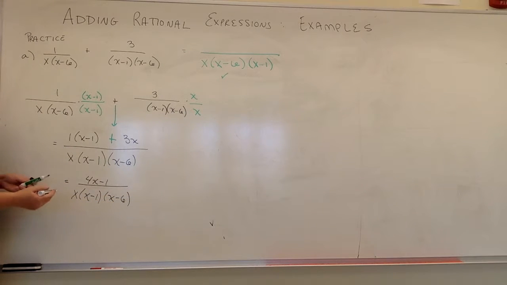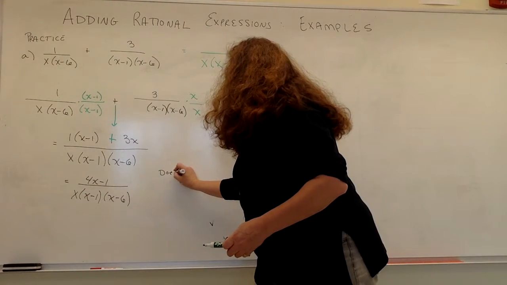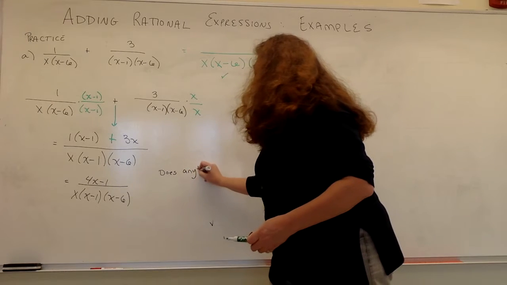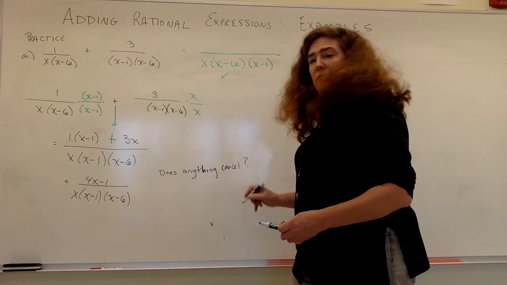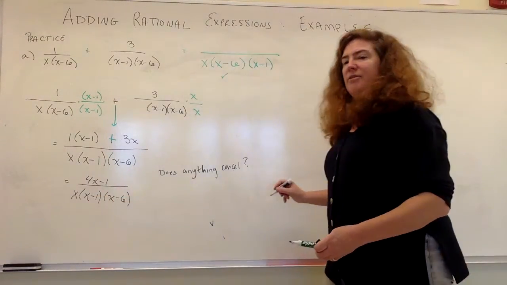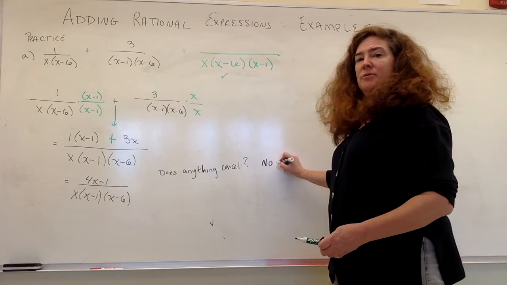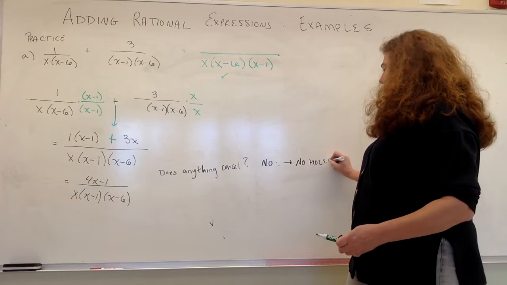Now I look to see, is there anything that cancels? Okay, so I'll write this as a question. Does anything cancel? Well, no. 4x minus 1 doesn't cancel with any of those. So no. So what does that mean? No holes.